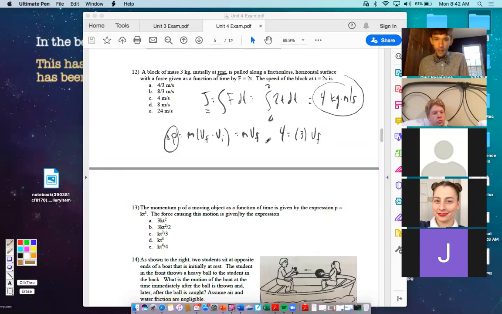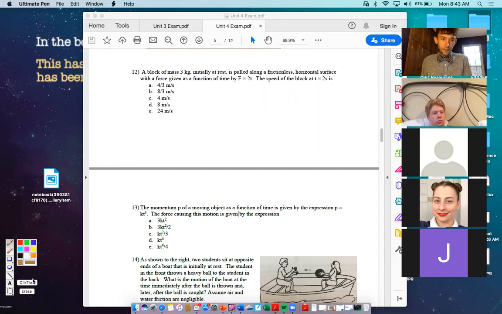All right. There is another way of doing it just purely from a forces perspective. That would look like this. We could say that ma is equal to our net force. m dv/dt is equal to 2t. m dv equals 2t dt.